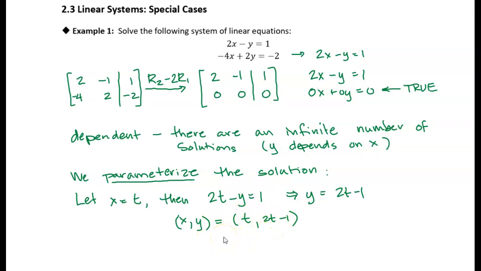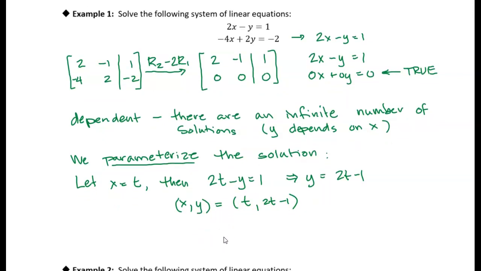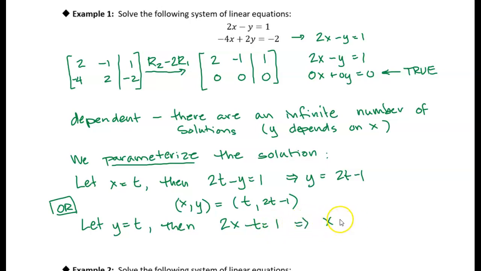Now it doesn't really matter too much which variable you let be t. I could have said let's let y equal t. Okay, this is just an alternative solution. Then what do we have? We would have 2x minus t is equal to 1. And so if I rearrange that, I can get an expression for x in terms of t.